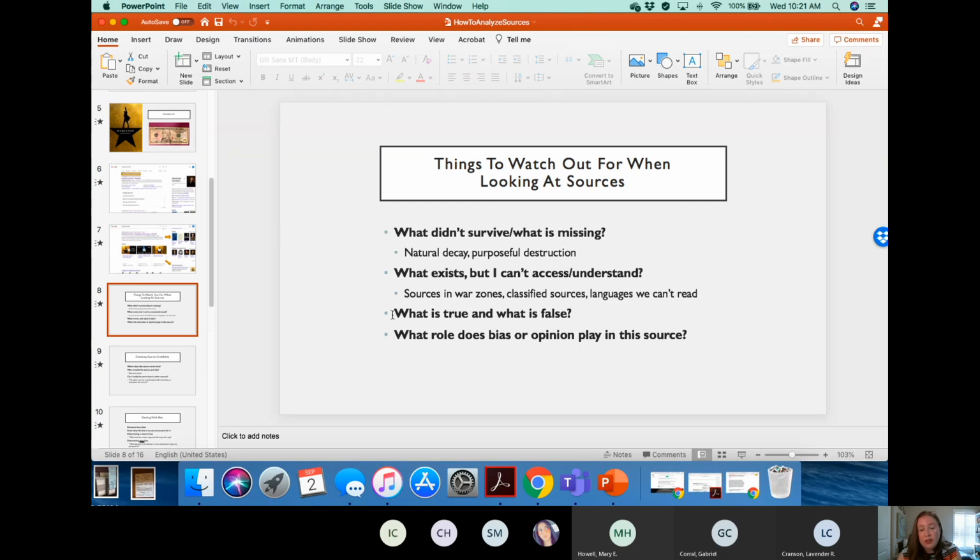And for the same reasons, bias is important too. We're going to talk in more detail about bias in a second, but bias is simply a perspective or an opinion that somebody has that affects how they both consume information and how they portray something.